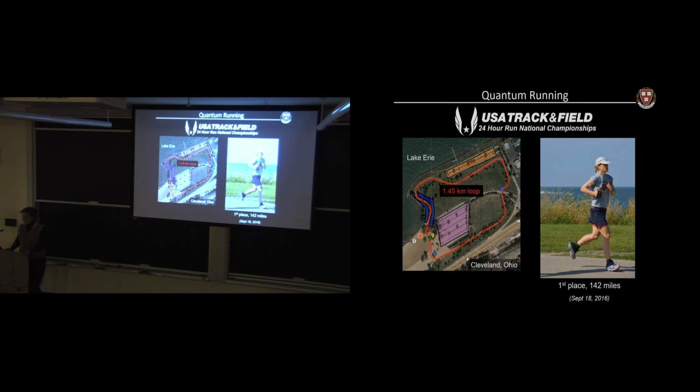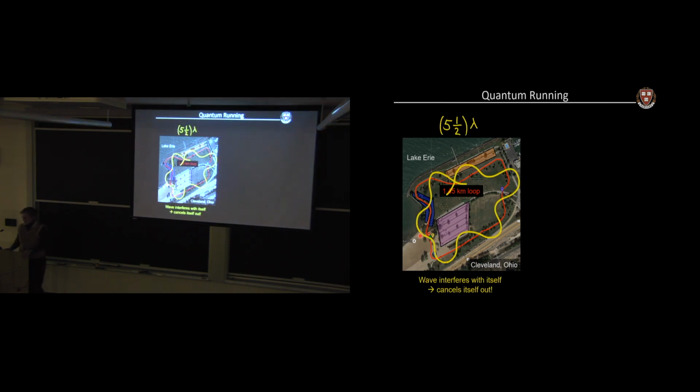But I'm going to use it to teach you something about Landau levels. So even though I am a large object, and unfortunately larger since that race due to the amount of ice cream consumed in the last year, I do have a wavelength associated with me. And that wavelength, if I'm running around in a loop, has to be quantized.